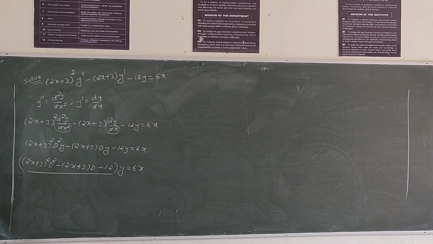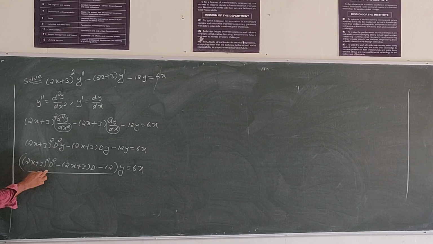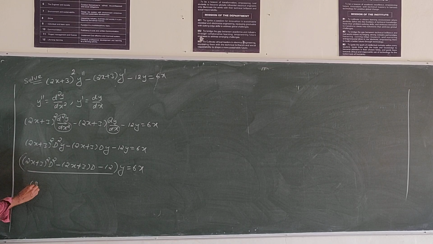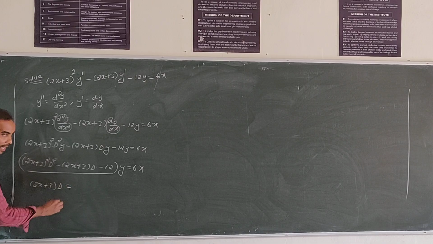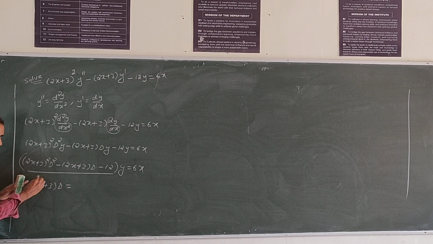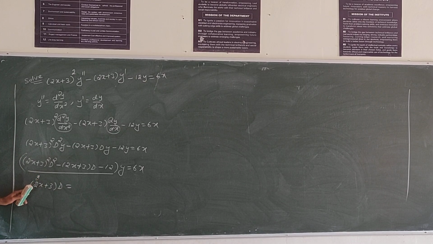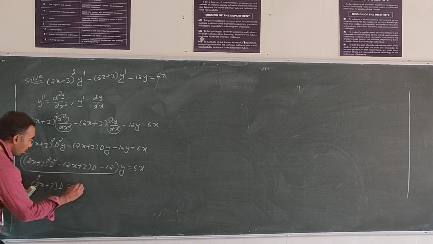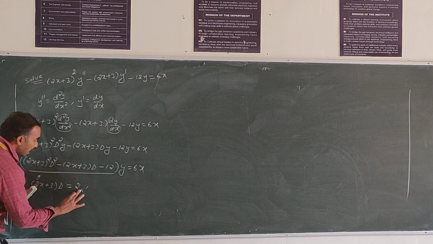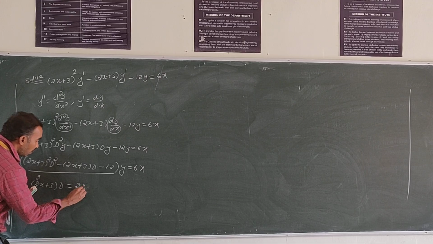How? See the note. We have to apply the values. Instead of (2x+3)D we can apply... here what is the a? Just look at the coefficient of x. What is the a? 2. So 2D'.